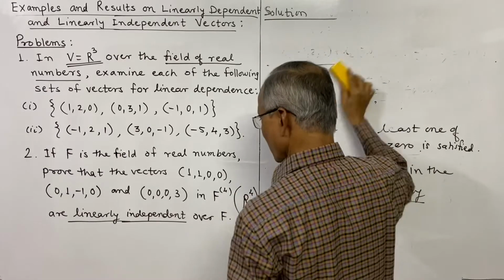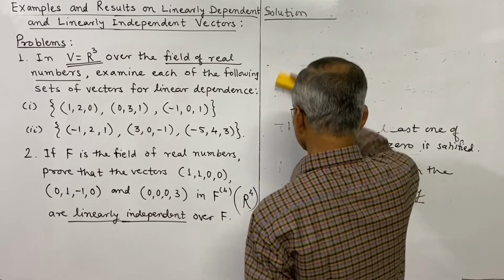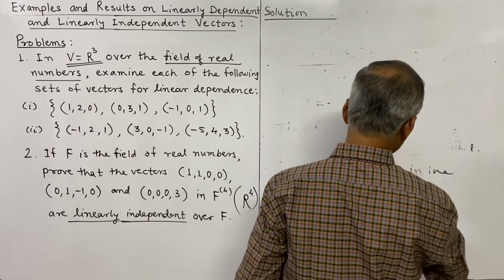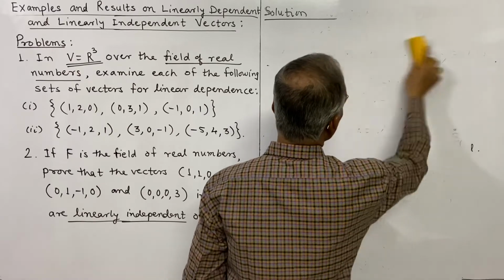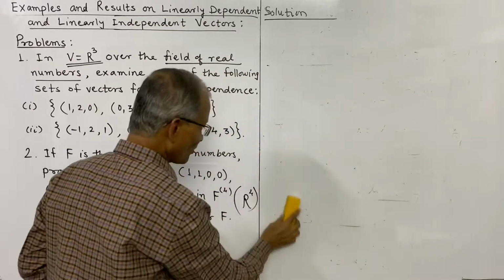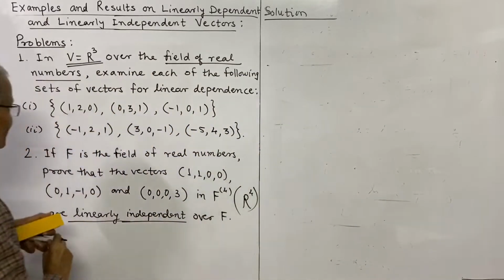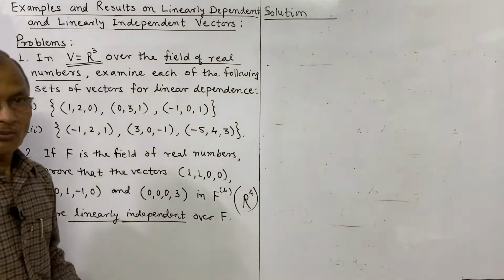Now again there are 3 vectors. So we consider 3 scalars, alpha 1, alpha 2, alpha 3, and show that the combination equal to 0 forces them to be 0. The only difference is that in place of 3 components, here there are 4 components.